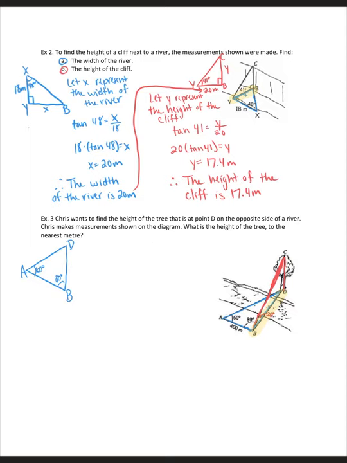We know that side length AB is 400 meters. We should be able to find this angle. If we have two of the angles, we should be able to find the other one. So let's say that angle D is equal to 180 minus 60 minus 80. So therefore angle D equals 40 degrees.